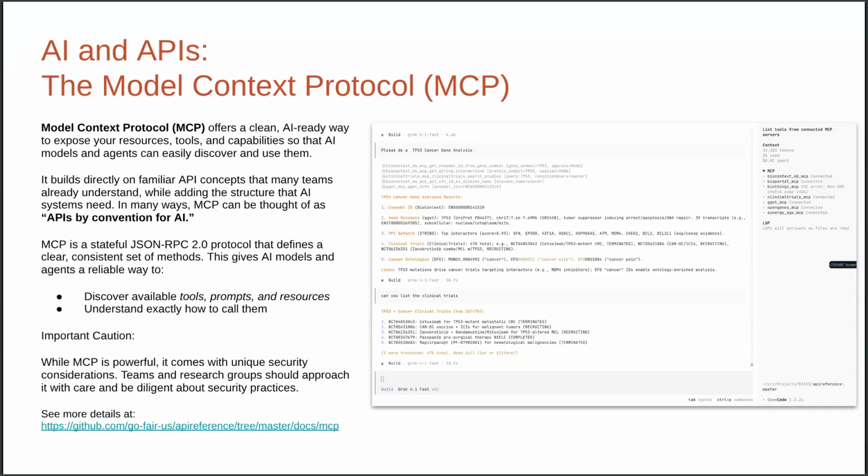I call it an API by convention because it's got very strong requirements in terms of how the API is structured, what URLs are available, and how you interact with them. And so Model Context Protocol, this whole topic could be a whole presentation in and of itself. So I'd be very careful what I say here because it could just go on forever.